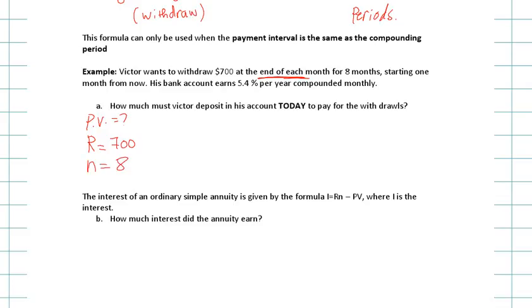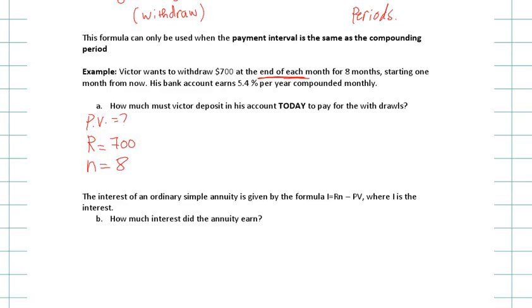Is n 8 or do I need to do anything with it? It's 8 months, right? It's already in months, and my compounding period is monthly. So they have the same unit, so I don't have to do anything with it. If it was compounded weekly for 8 months, then we would have to do something.